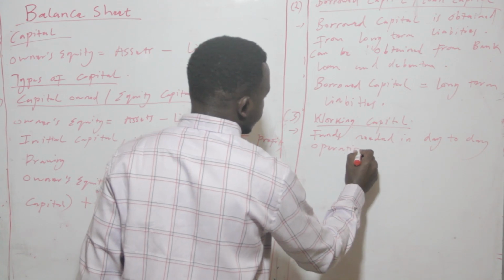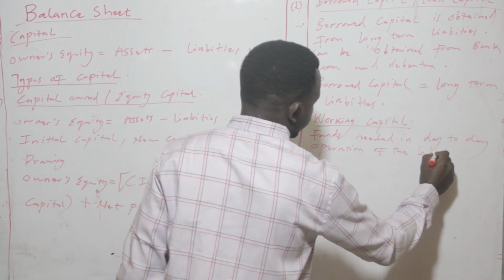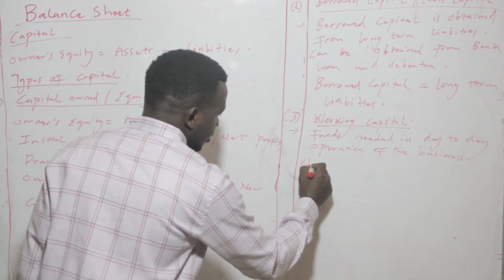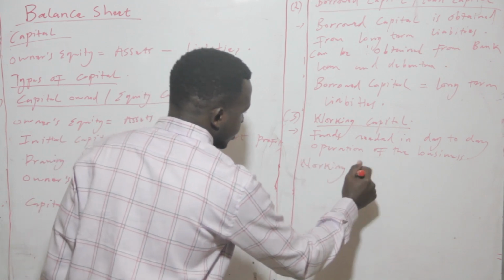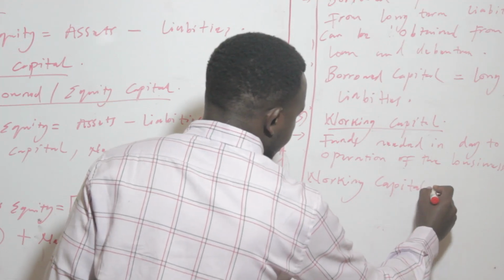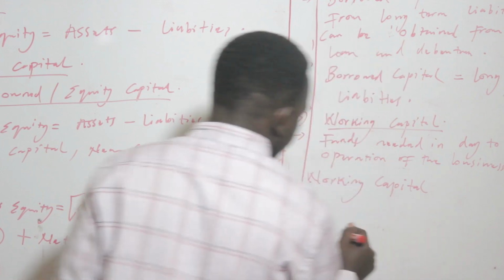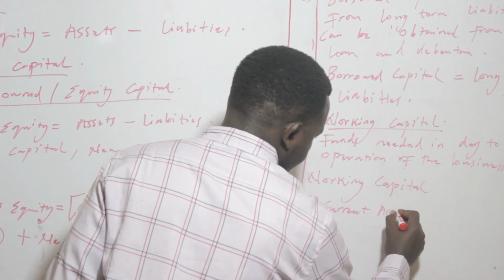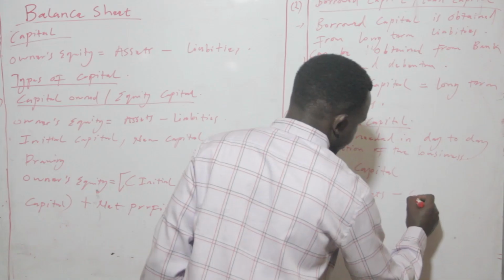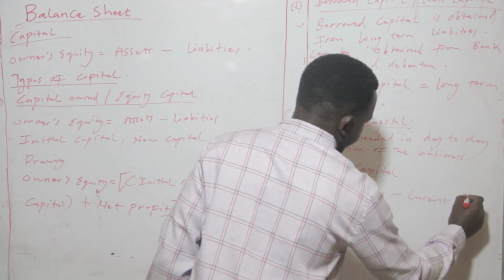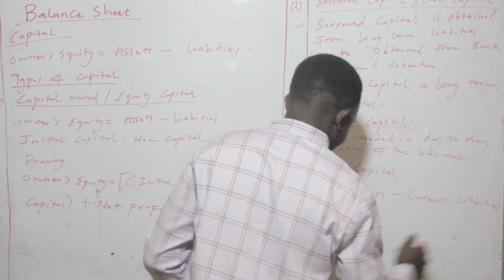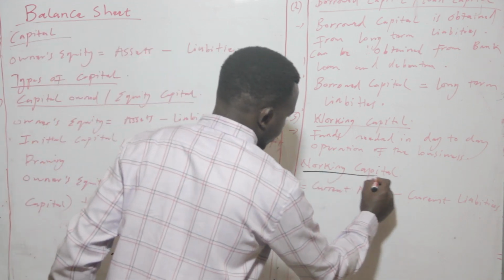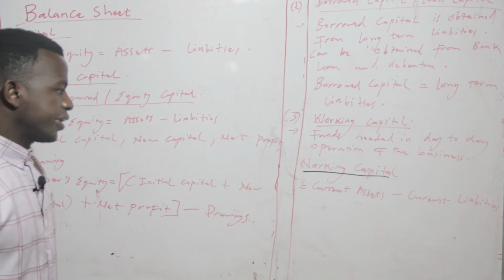And this can be found by working capital is equal to current assets minus current liabilities.